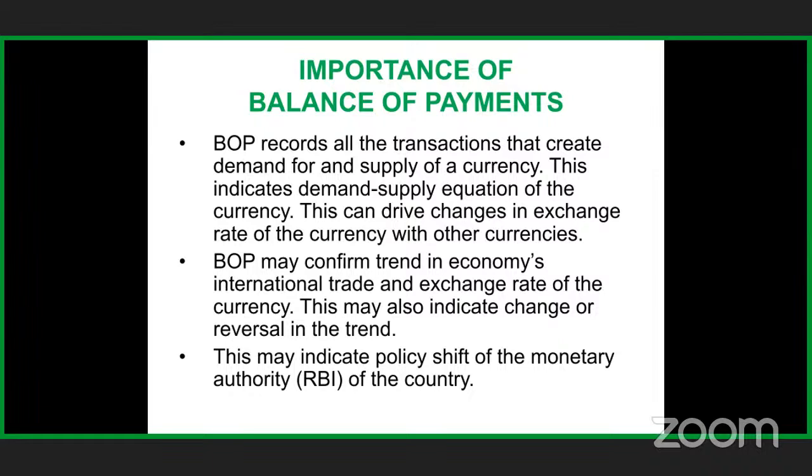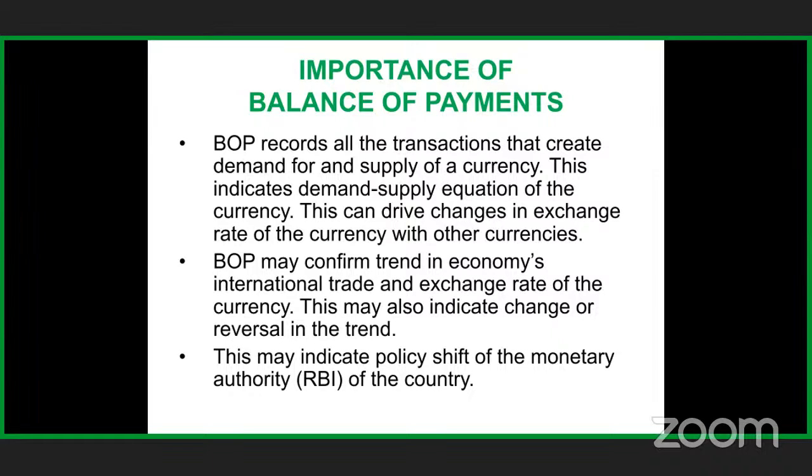So there are four components: current account balance, capital account balance, and unilateral receipts. The current account includes exports of services, interest, profits, dividends, and unilateral receipts from abroad, and the import of services, interest, profits, dividends, and unilateral payments to abroad.